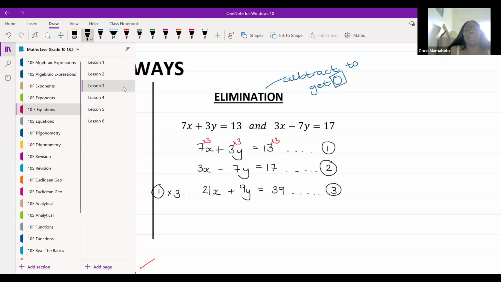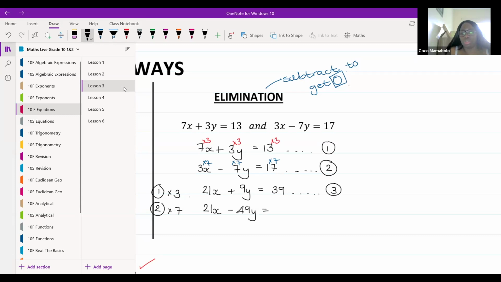All right. And then I'm going to do the same thing to equation 2, but instead of multiplying equation 2 by 3, I'm going to multiply it by 7. So equation 2 multiplied by 7. So here times 7, times 7, times 7. I'm then going to get 3x times 7 is going to give me 21x. 7 times 7y is going to give us negative 49y.